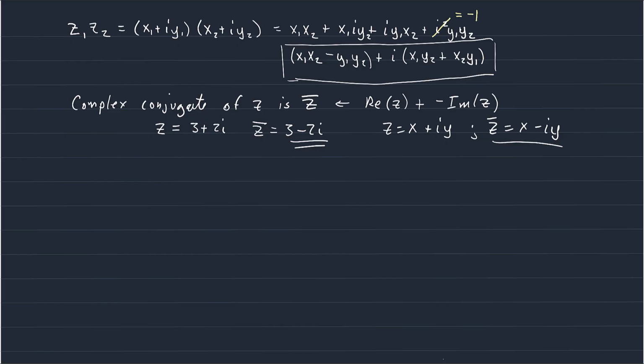So one quality of the complex conjugate is if we take the product of z and its complex conjugate, we get a real number, and that real number is x squared plus y squared. It's the square of the modulus. I'd like you to stop the video and verify that this is what you get when you multiply z and its complex conjugate. So please go ahead and do that.